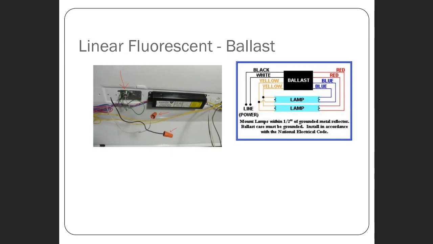So if you have a fluorescent fixture like this in your garage or in your shop or your basement, and you take the cover off, you're going to see this small cased transformer that's taking the line voltage and providing the current that's necessary to ionize that gas in the tube.